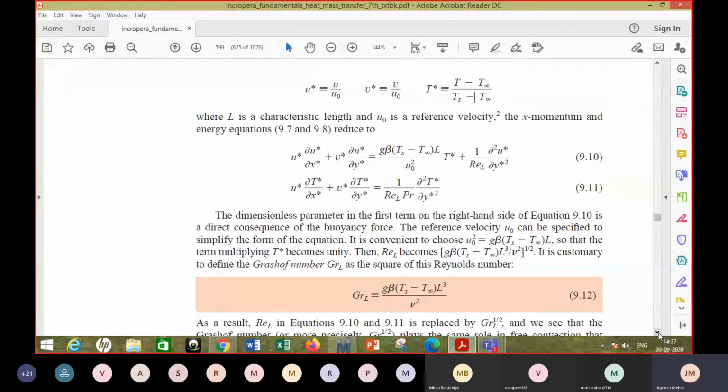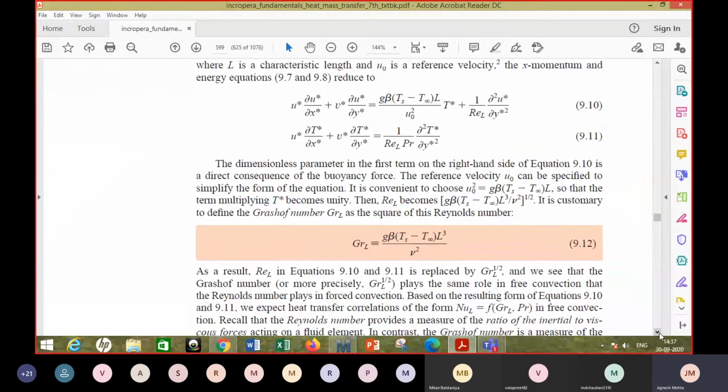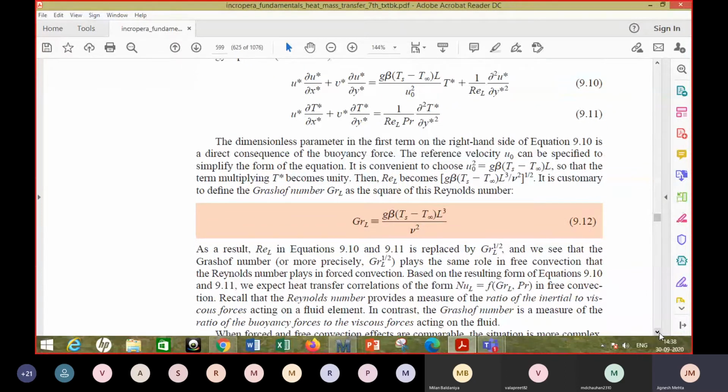And the Reynolds number in that case would become (g beta (Ts minus T infinity) L cubed upon nu squared) raised to 1/2, where nu is the kinematic viscosity. So this is the square of the Reynolds number in this case.